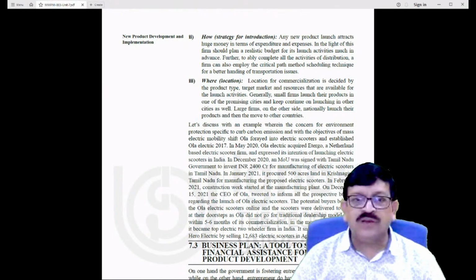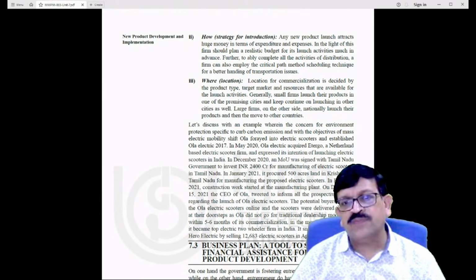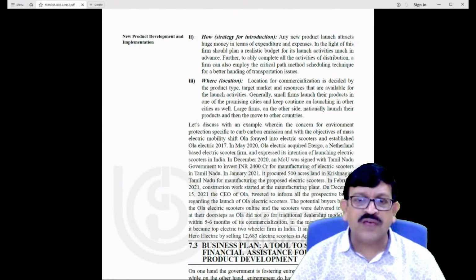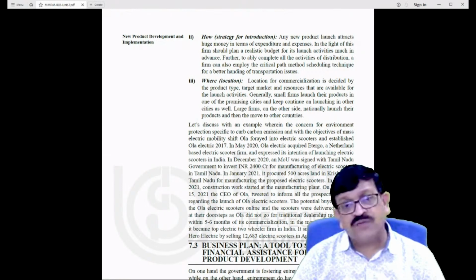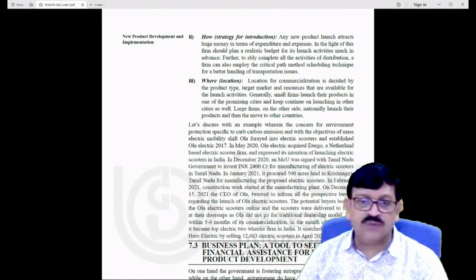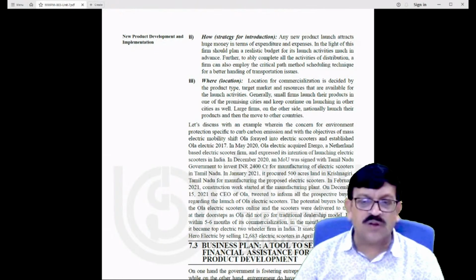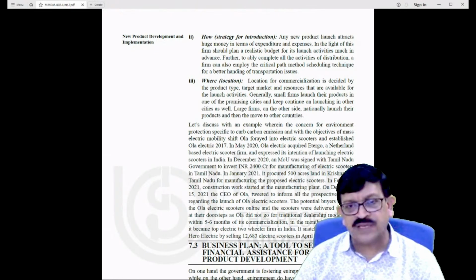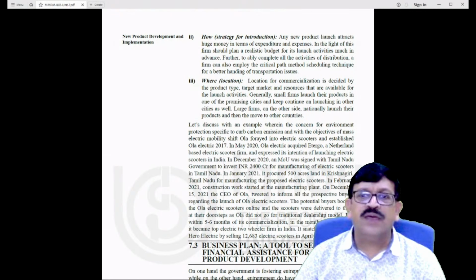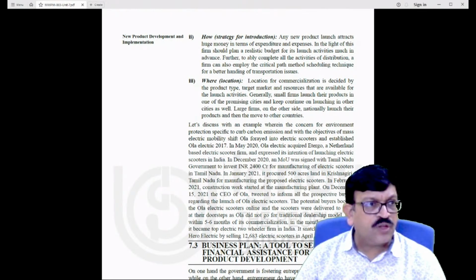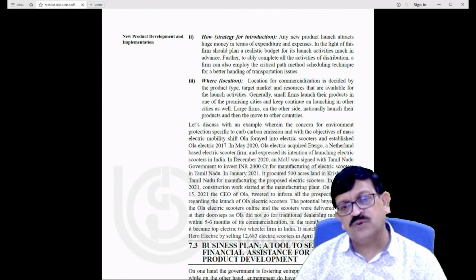But having said that, Ola Electric created a kind of visibility, and today it is giving a run for money to players like Honda, which is leading the two-wheeler market in the gearless scooter category. And Ola is coming back with a lot of new varieties, new forms, and so on and so forth.